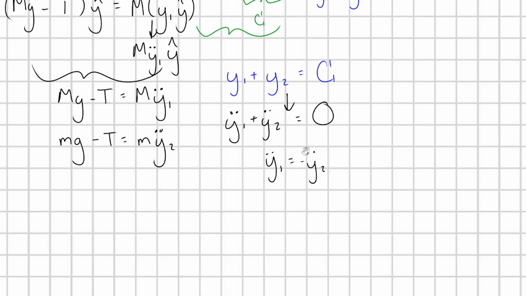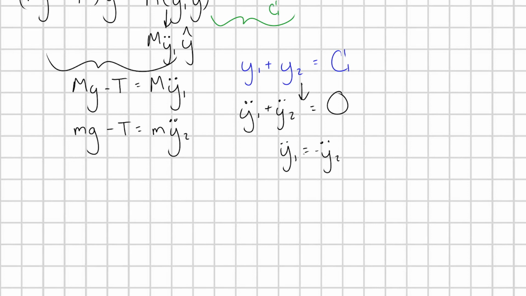Okay, but now if we have this, great. I'm going to go ahead and say that y2 double dot is equal to minus y1 double dot. And now the tension is an unknown variable in this system of equations. Let's go ahead and eliminate that.